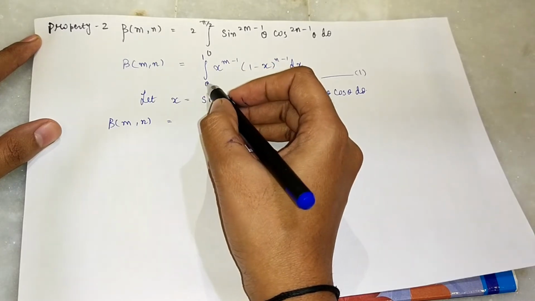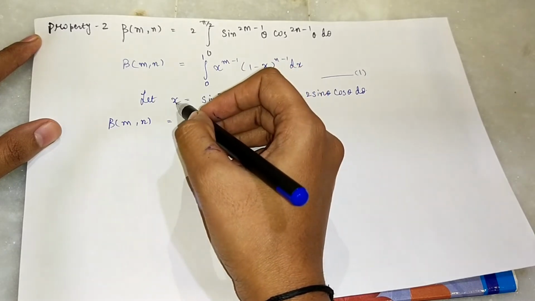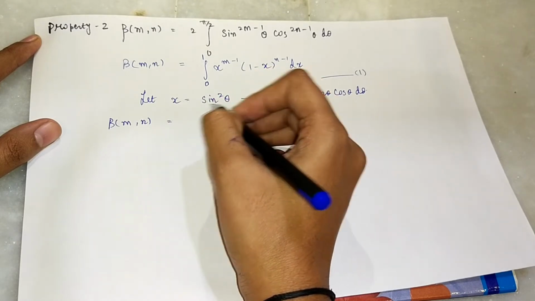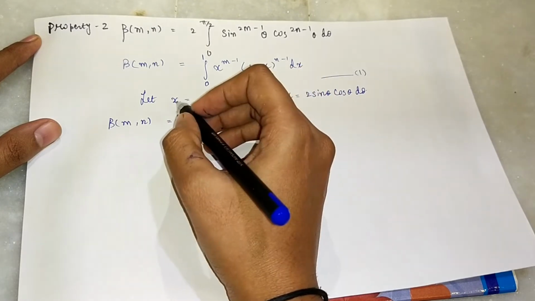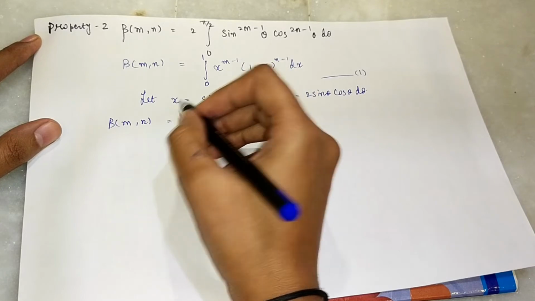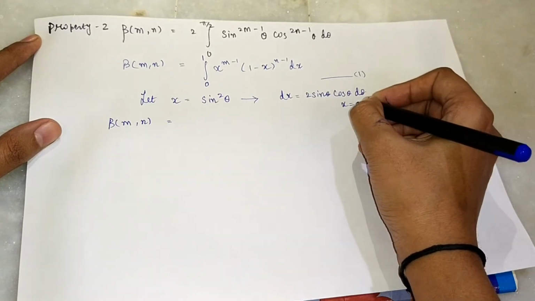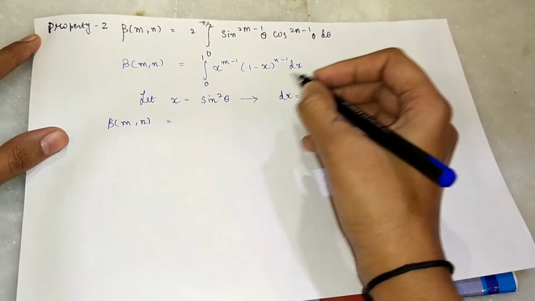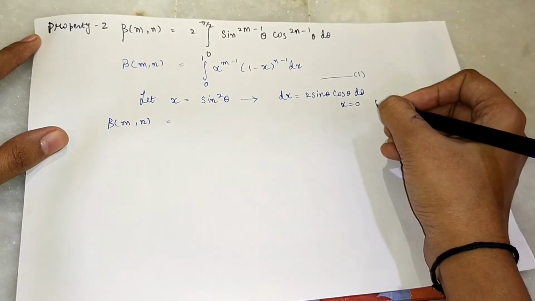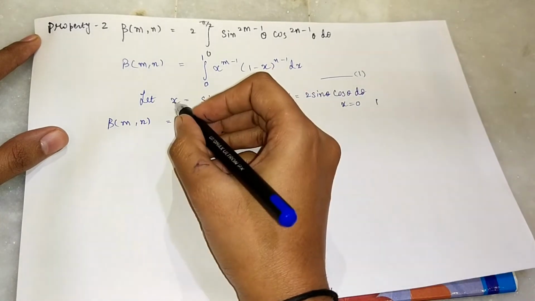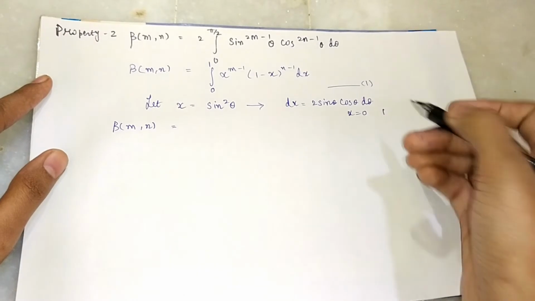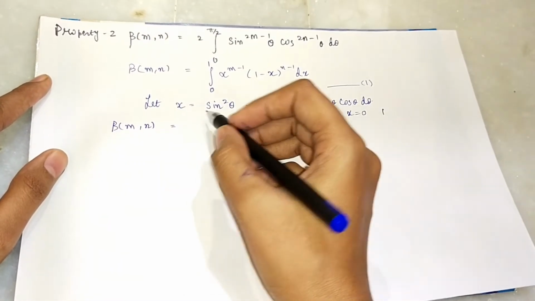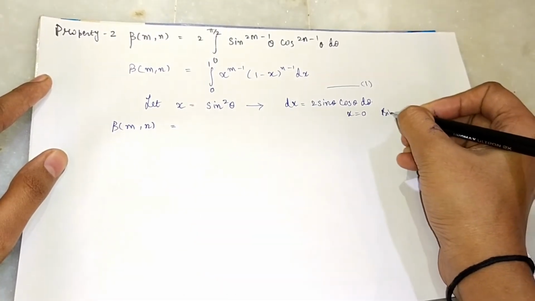If we put the value of x equal to 0, then here we get 0, because sine 0 is 0.